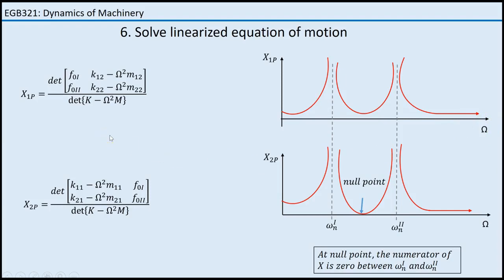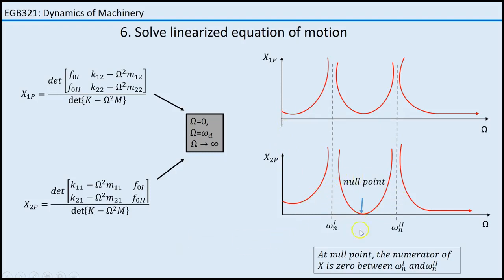And we want to consider three cases. Case 1, when the force frequency is equal to 0. Second case, when the force frequency is equal to the damped natural frequency, or you can even consider the natural frequency. And the third case, where the force frequency tends to infinity, which means we consider a very big value. Considering these three conditions, we plotted these two graphs for x1p and x2p.